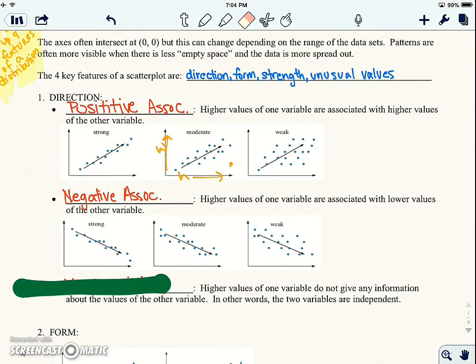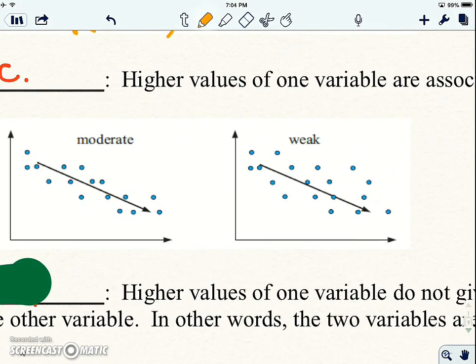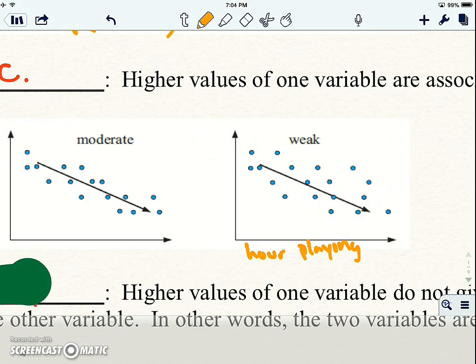There are also negative associations, where the higher value of one variable is associated with the lower value of the other variable. So for example, let's say hours playing video games, and maybe those hours are taking up your time to study.